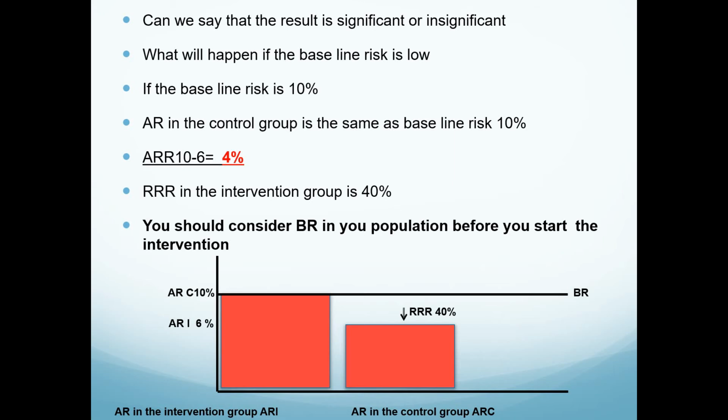So are you going to buy this medication, which is maybe very expensive, exhausting your budget, for only 4%, whereas in the previous example, when the absolute risk occurring in the population is 30%, you are going to reduce the risk by 12%.